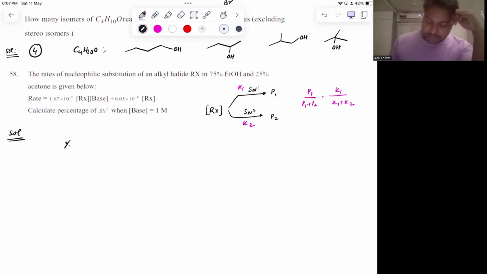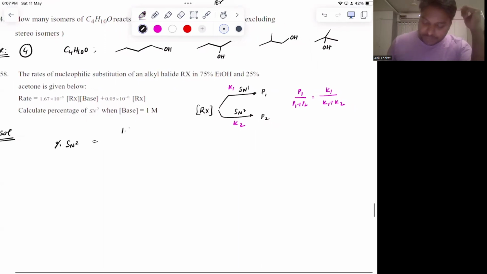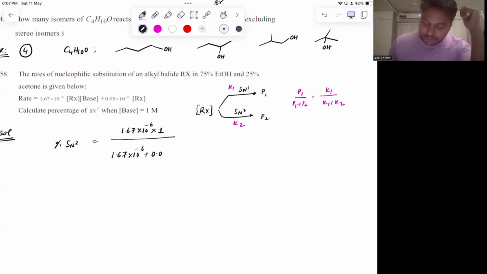So the percentage amount of SN2 will be equal to P1, which is 1.67 into 10 raised to power of minus 6 into concentration of base is given as 1, that divided by 1.67 into 10 raised to power of minus 6 plus 0.05 into 10 raised to power of minus 6, into 100.